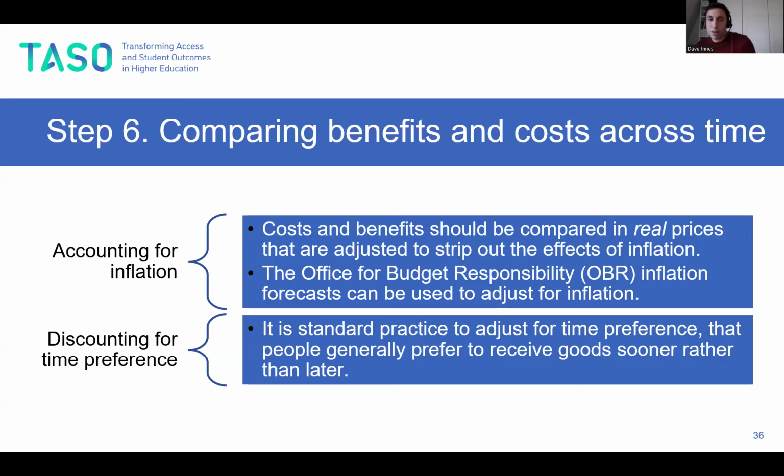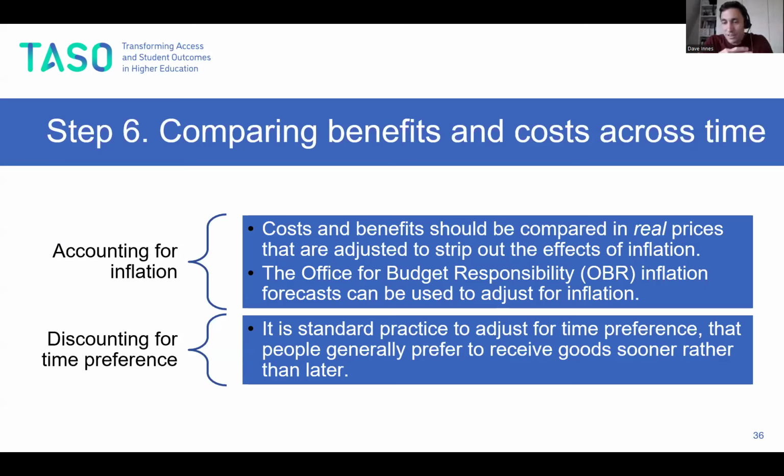When we want to compare costs and benefits, one thing that matters a lot is considering when those benefits appear. The reason is that when we compare them across time, we have to adjust for 2 different things. The first is the effects of inflation. Costs and benefits should be compared in what we call real prices, which are those adjusted to strip out the effects of inflation.